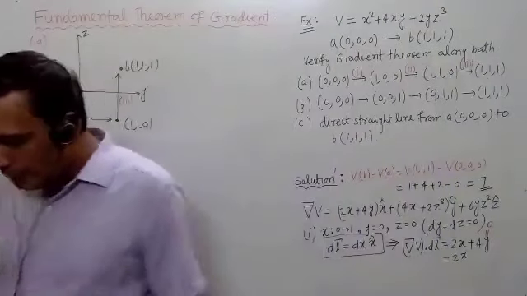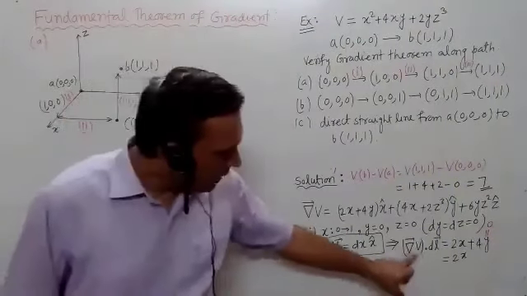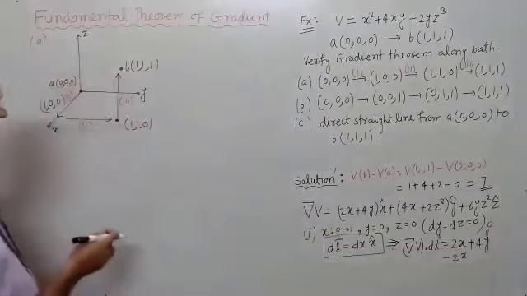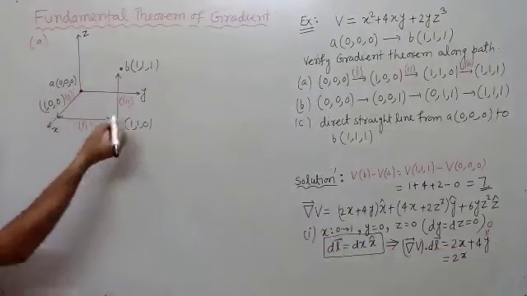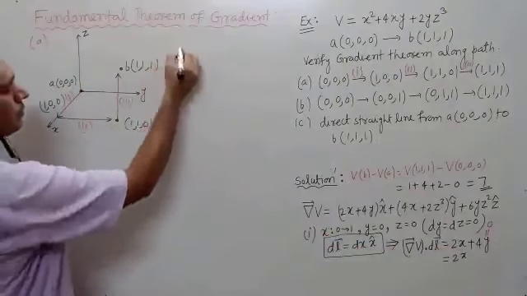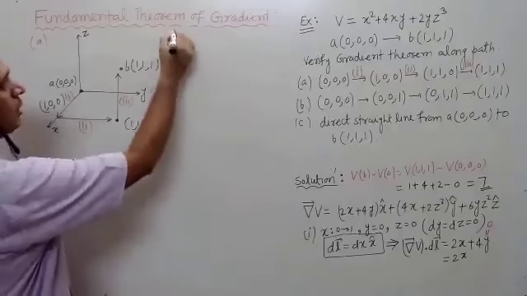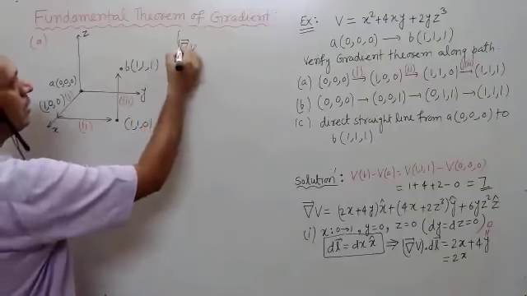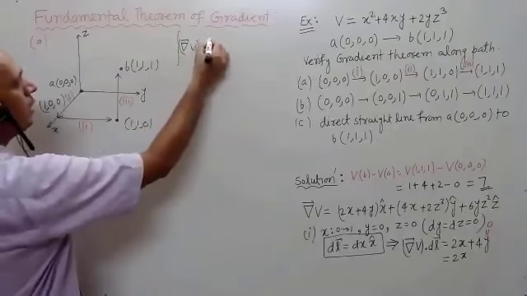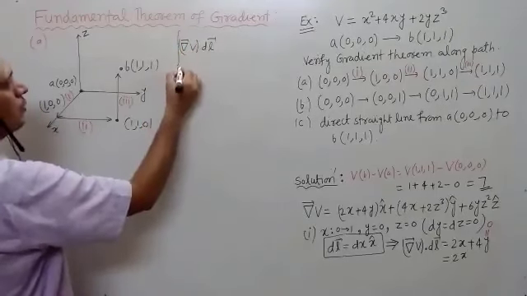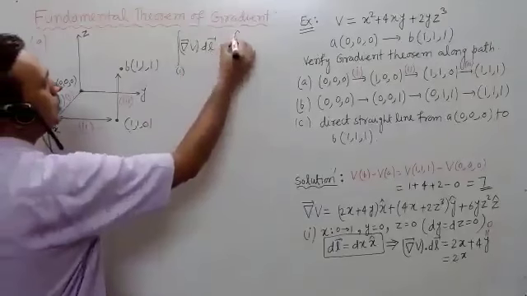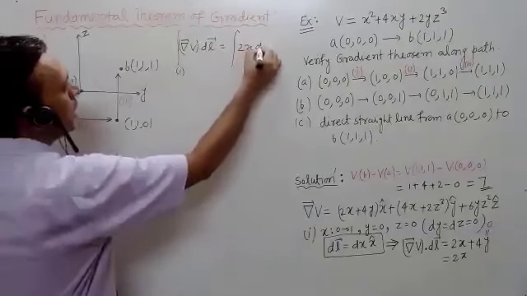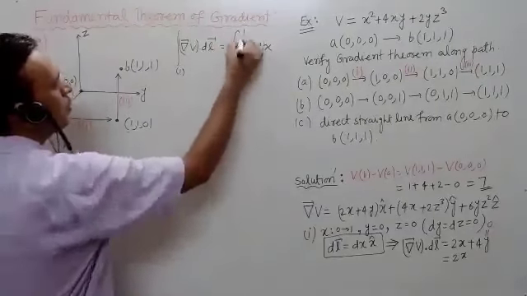So along this segment, gradient V dot dl is 2x. So this integral along segment 1 will be twice x dx, where x varies from 0 to 1.